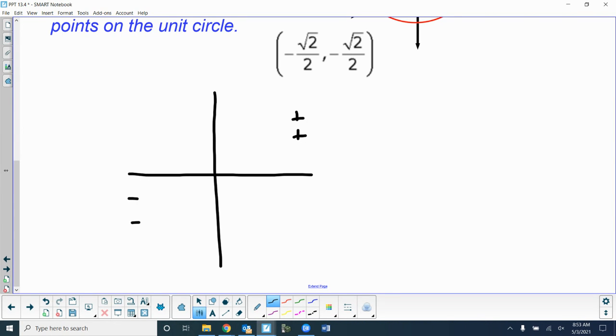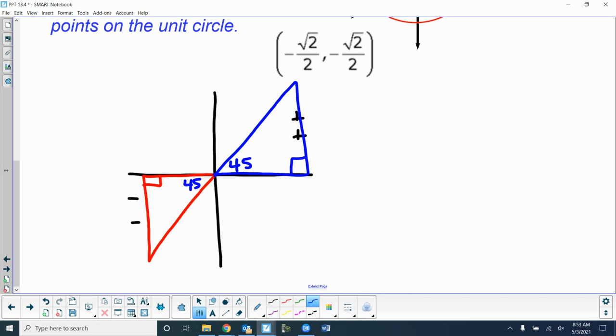So my two pictures are these. And in order for these to be the same, I know these have to be 45s, to get the tangent to be 1.